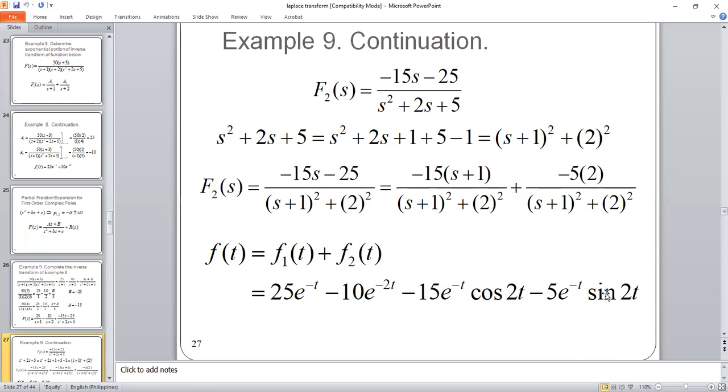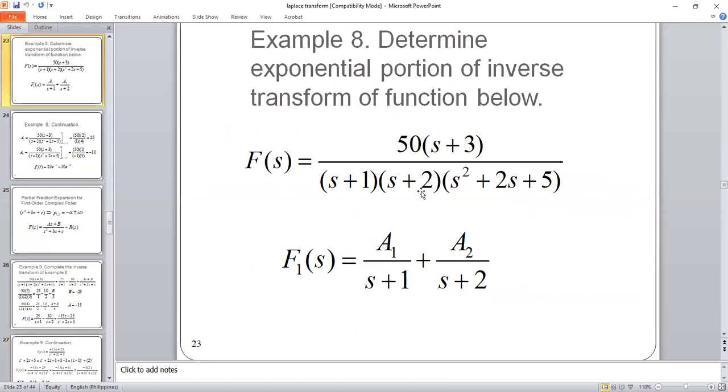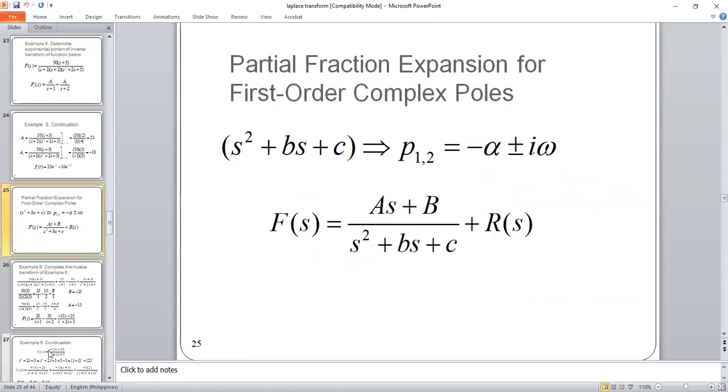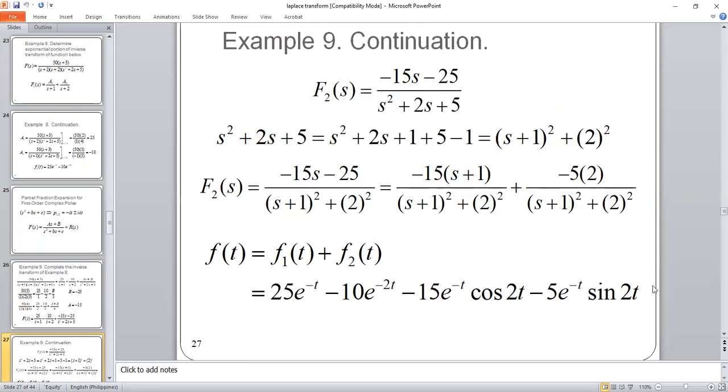And then invert. Now this is your function of t for what? For the original function of s. Now, if you wish to check, you can. You can check whether this is really correct.